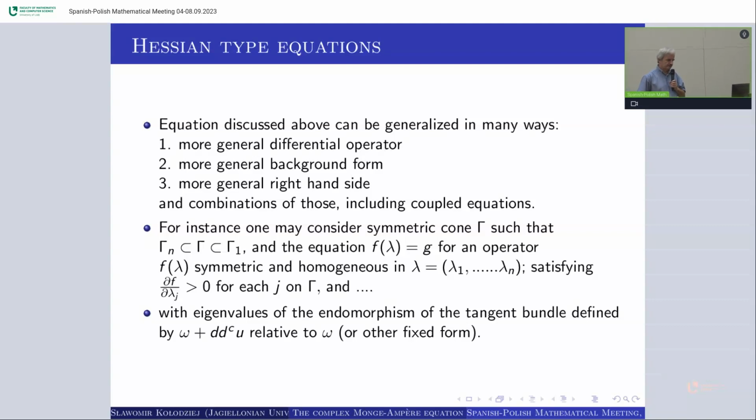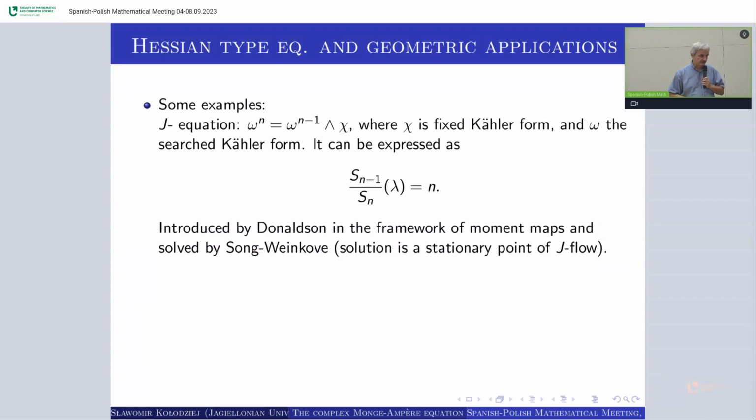And some examples and applications in geometry. First is the J-equation. Here, chi is a given fixed form on a Kähler manifold, and we look for another Kähler form, omega, satisfying the equation omega to the power n equal omega to the power n minus 1 wedged with chi. In terms of those symmetric polynomials, this is just S_{n-1} over S_n of lambda equal to a constant.